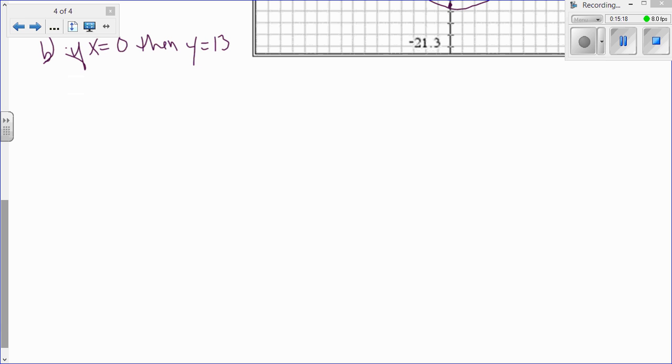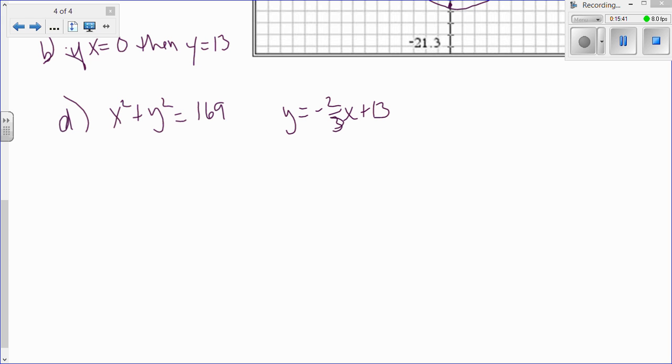And then part D said to solve it algebraically. This is where we have lots of work to do. And here I'm going to have to use a substitution, because we have x squared plus y squared equals 169, and y equals negative 2/3 x plus 13. So in place of y, I'm going to put that.